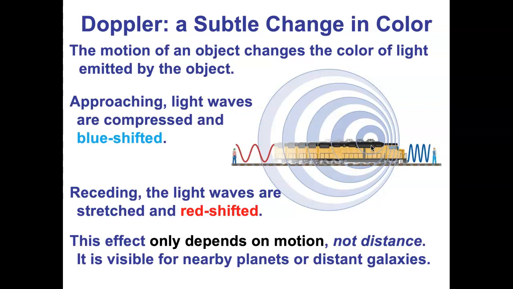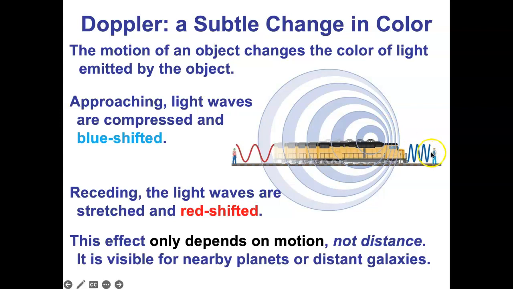Now, remember, longer wavelength means lower frequency, right? And how do we experience different frequencies of sound waves? Well, that's what we call pitch. So the pitch of a sound is its frequency. So if you are standing along a railroad track and that train is blowing its whistle traveling away from you, then the sound of the train whistle is pitched down to a lower pitch, a lower frequency, a longer wavelength.